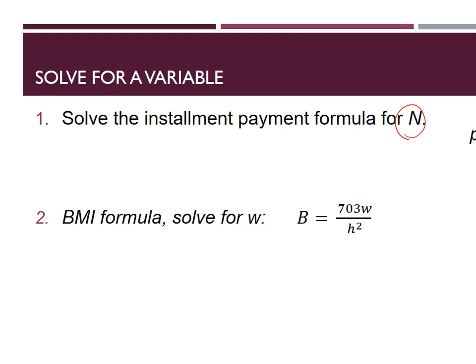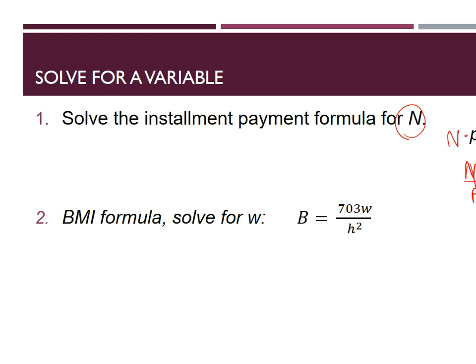If it's in the denominator, that's because it was being divided. So to get it out, I'm going to do the opposite, which is to multiply. So I can multiply both sides by n. That gives me n times p equals t. And then to solve for n, I'm just going to get n alone now. Since it was being multiplied by p, I'm going to divide by p on both sides.